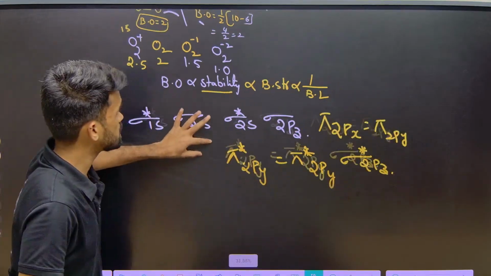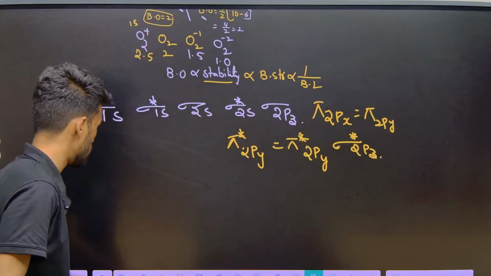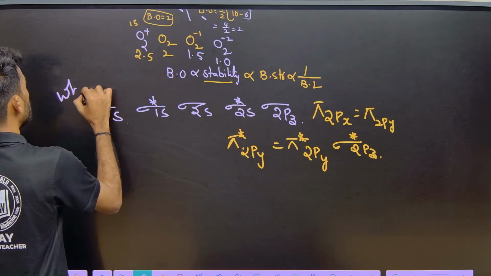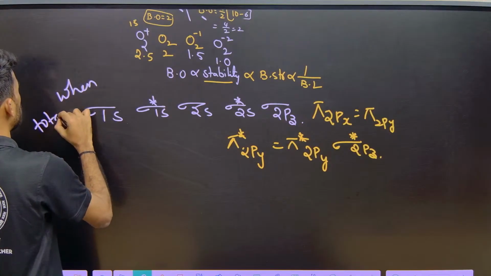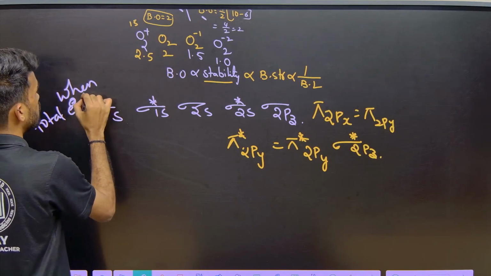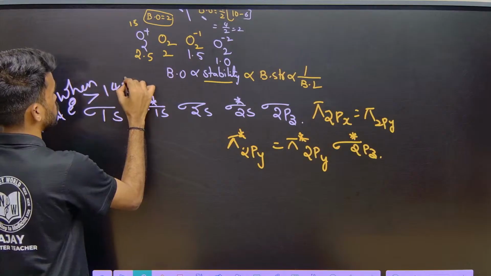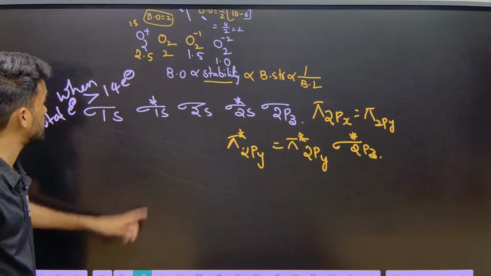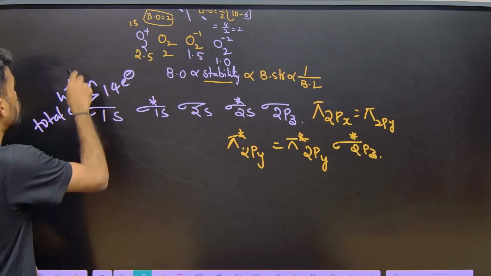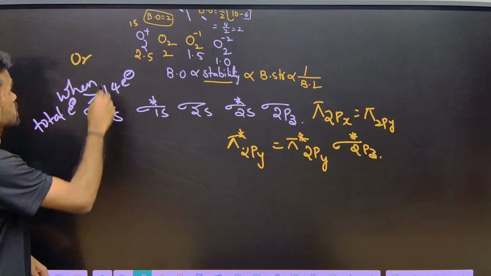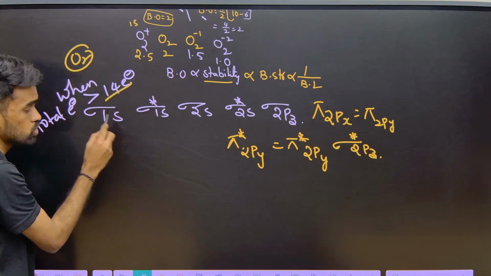Now this energy order is valid when the total electron count is greater than 14. For O2, how many electrons are there? 16. So greater than 14, now use this order.